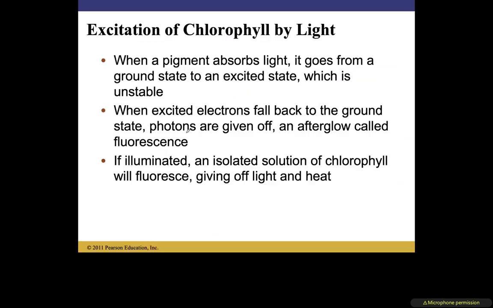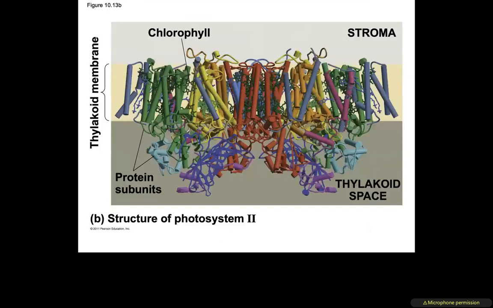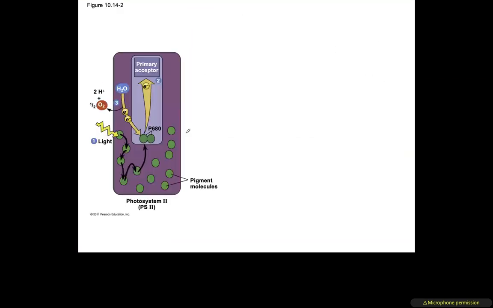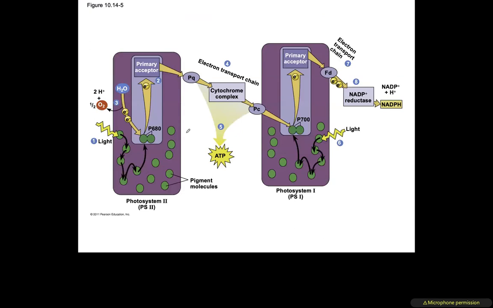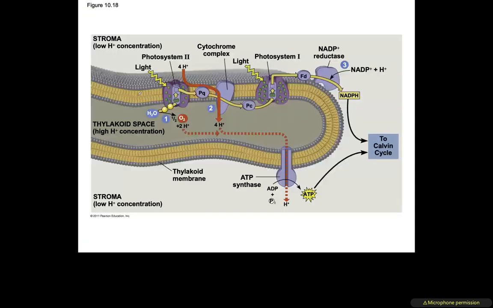Then look at the details of what is going on in a photosystem and the structures. Then apply that photosystem. Sorry, guys, but it is what it is. Then apply the photosystem here and here, because this is photosystem 2, and this is photosystem 1.